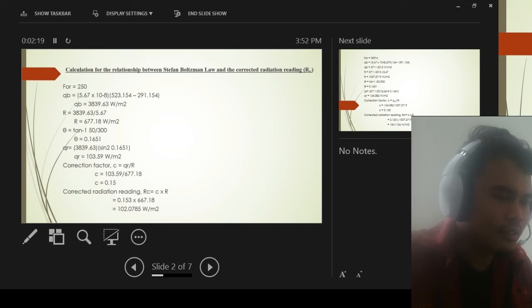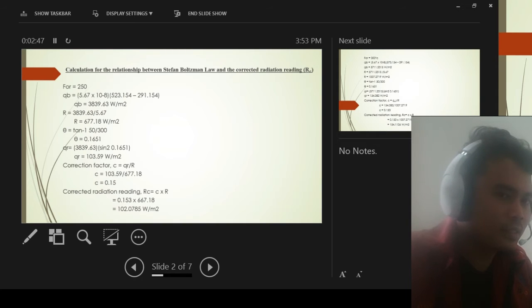Remember that the temperature must be in Kelvin. So the temperatures T1 and T4 need to be added with 273.15 Kelvin. After we calculate, we get the answer 3839.63 watt per meter square.